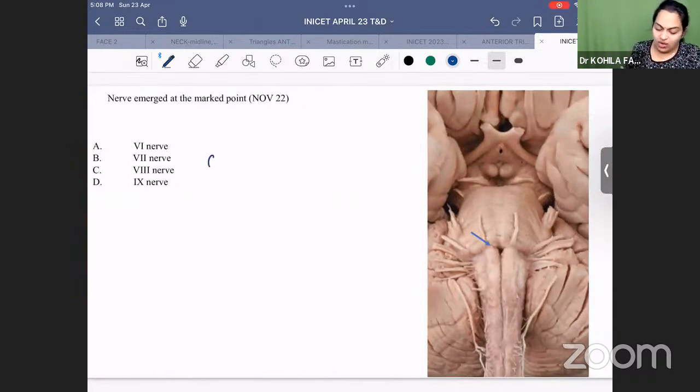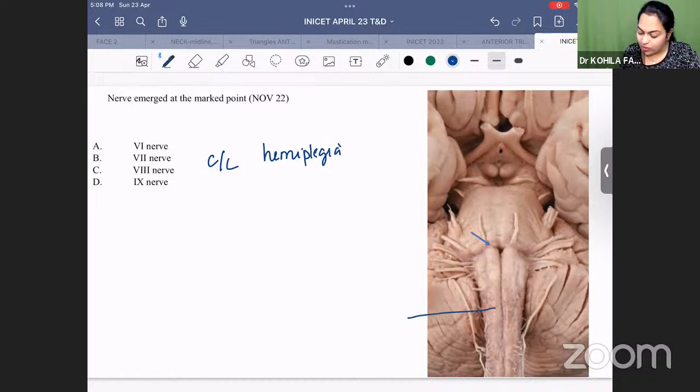And one more thing, what are the conditions that will lead to contralateral hemiplegia? This was also asked recently. Can you see this is the medulla, right? In the medulla, this region is the pyramid and olive. So in this image-based question, the pyramid can be pointed out. Injury to the pyramid also will lead to contralateral hemiplegia.